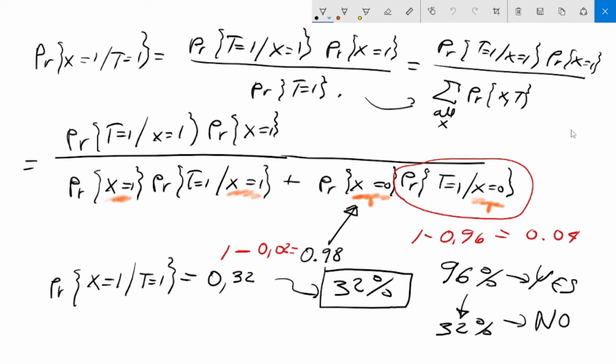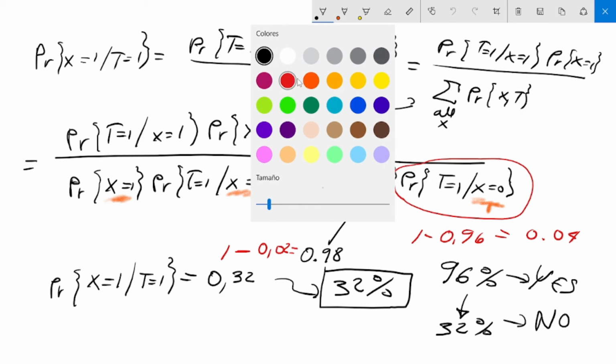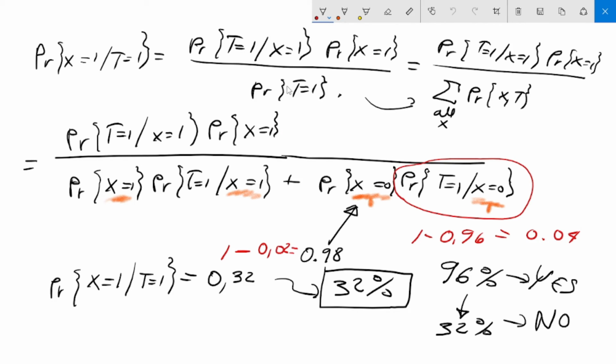And now we have a new question. We can think a little bit about this, because if we notice, the prior information, this 2% we use, changed a scenario in which we are very likely to have corona to a scenario of having a very low chance of having corona.